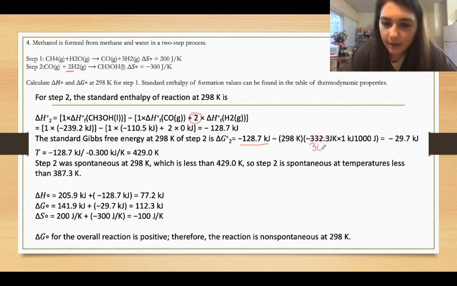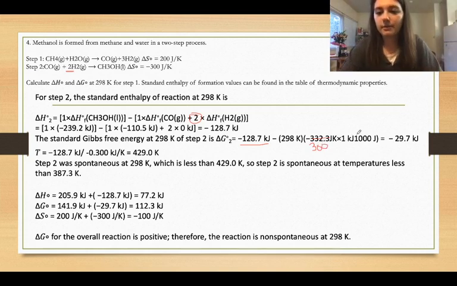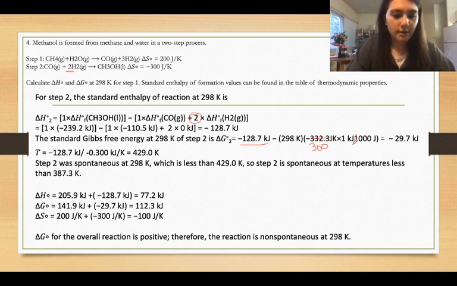This is why we don't make things simple. I try to make them hard again for myself. So if I go back through and take negative 128.7, subtract 298, multiplied by 300 divided by 1,000. This is what happens when you don't have help.